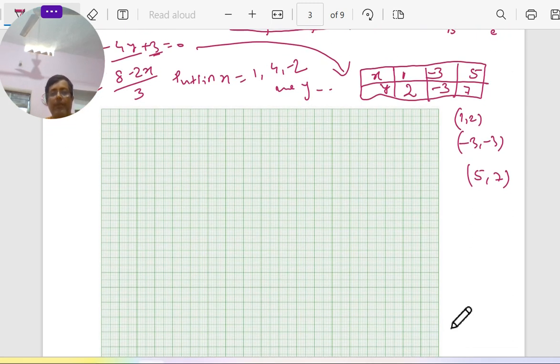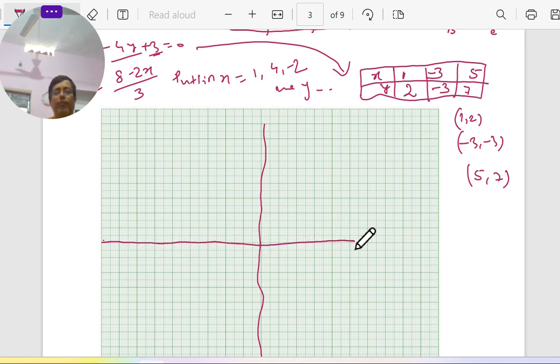For this what I do, I take a line here. I am not using any scale, so my line will not be perfectly straight. Also I am not using a proper software for that. So here it is my original point. Here it will be 1, 2, 3, 4, 5, till I have taken 5 only.